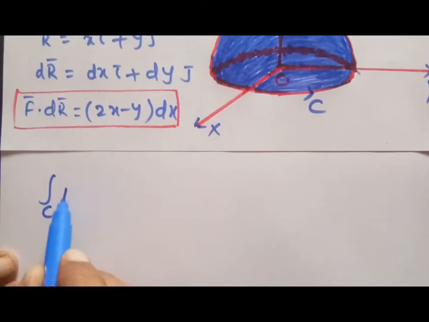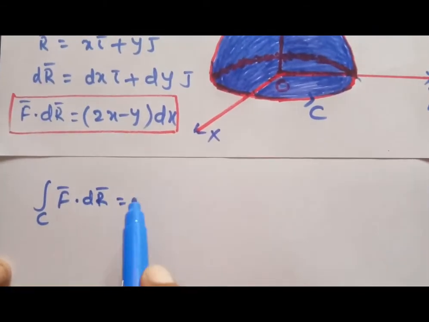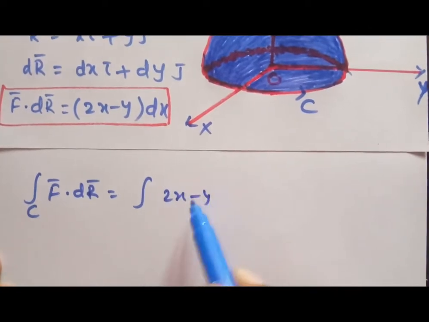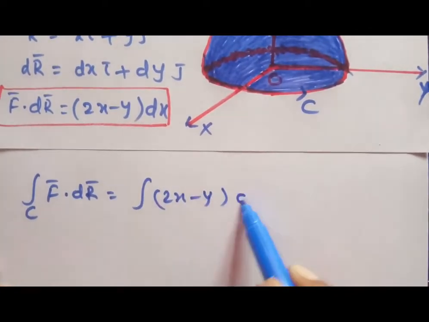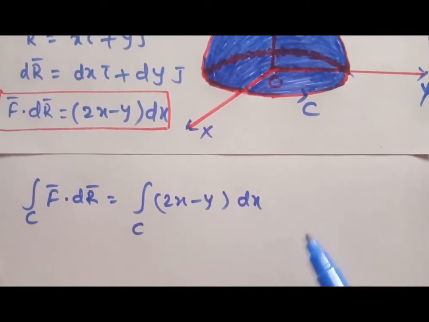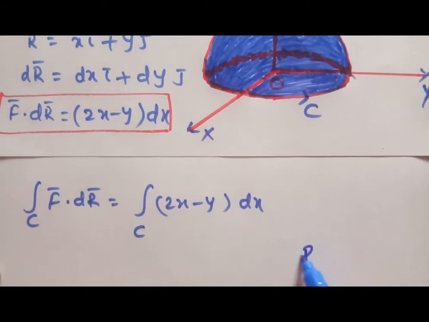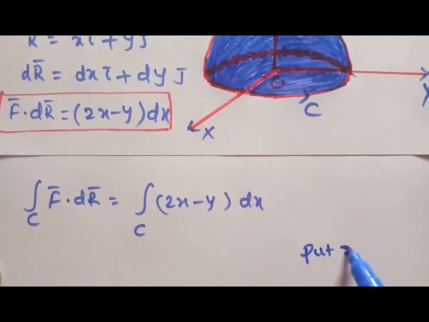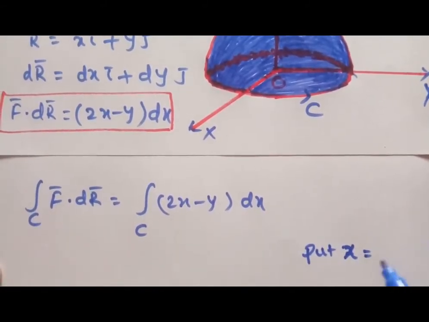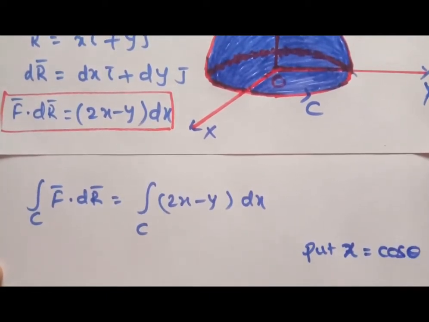Integral over C of F bar dot dr bar is equal to the integral of (2x minus y) dx over C. Here C is the circle x squared plus y squared equals 1. We substitute x equals r cos theta, that is r equals 1, therefore x is cos theta.